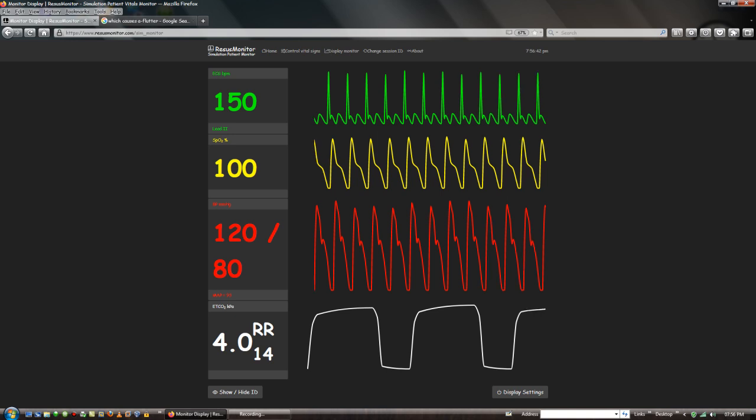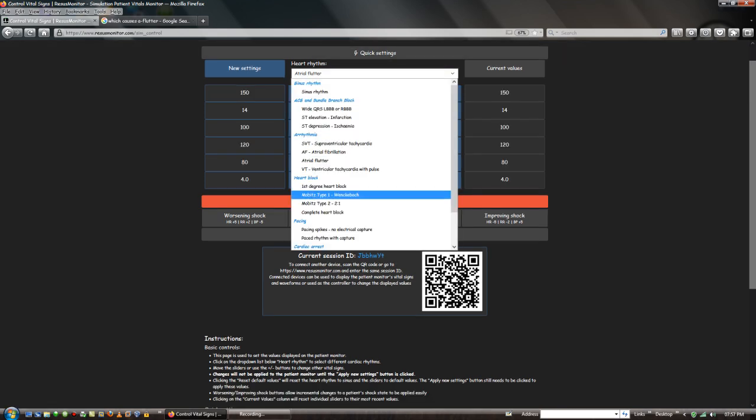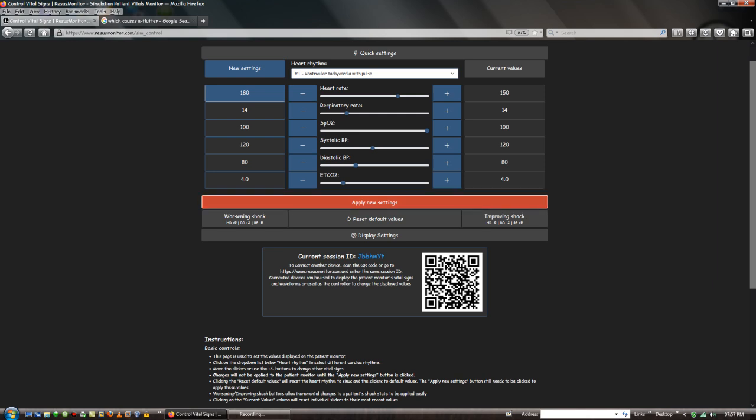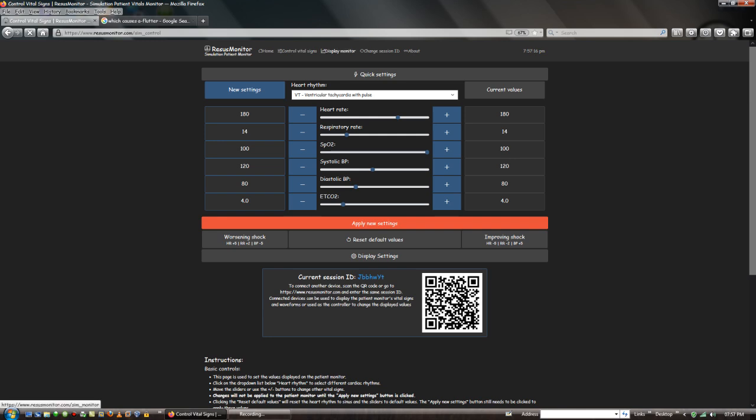If cardioversion was possible in this EKG rhythm, the patient's heart could stop, and the doctors need to do a cardioversion, then the patient can be discharged. We'll control the vital signs and change the EKG rhythm to ventricular tachycardia with pulse. So monitor.